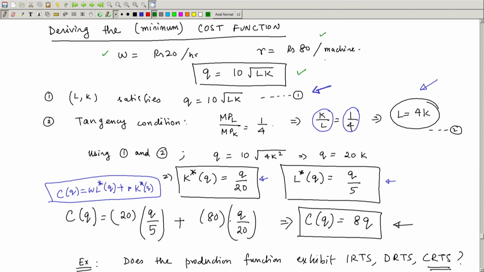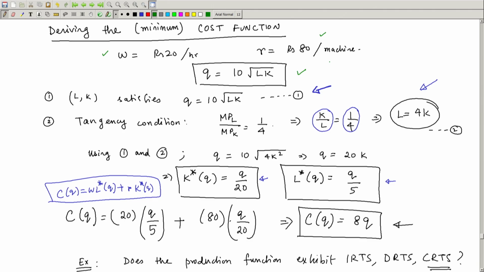The second condition that we wrote was the tangency condition, wherein we said that at the cost minimizing bundle, the isocost line is tangential to the isoquant at that point B, which is to say that the absolute value of the slope of the isoquant is equal to the absolute value of the slope of the isocost line. Mathematically, it means MPL by MPK equals W by R. So we are solving for the two unknowns L and K, and these are the two conditions that we use.